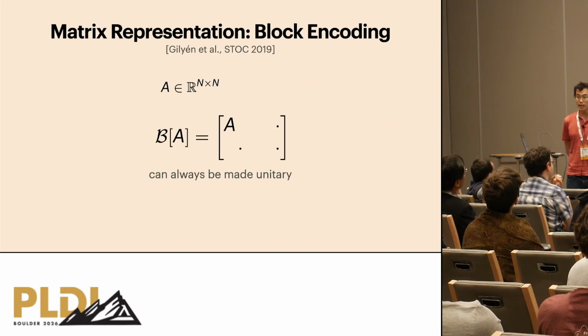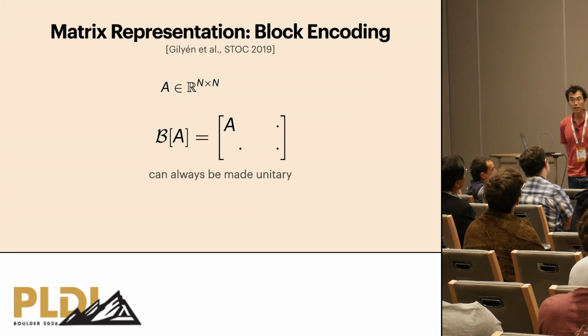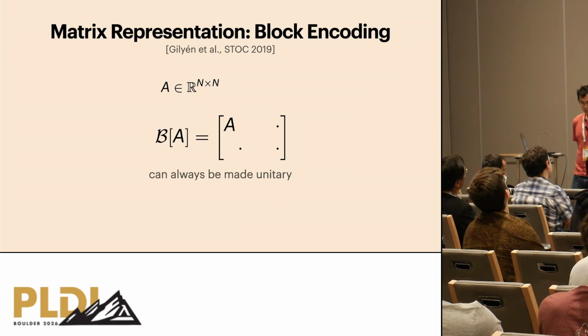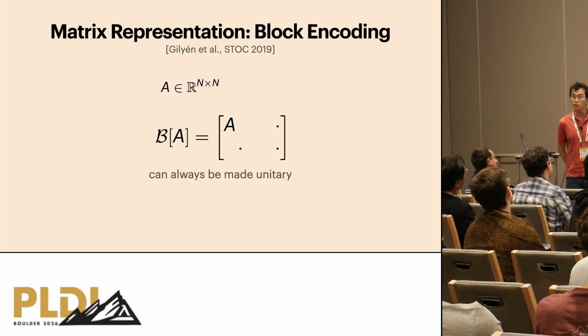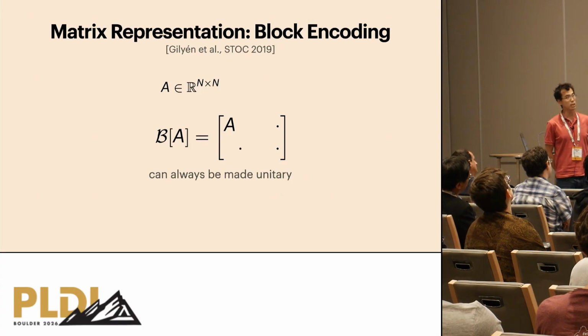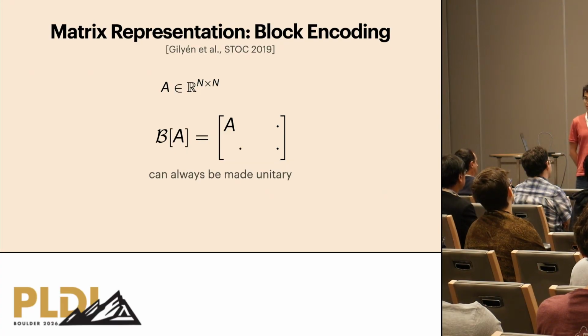Fortunately, once again, we have an answer from the theory community. It's called a block encoding. What a block encoding is: given an arbitrary, possibly non-unitary matrix A, we're going to shove it into the top left block of a bigger matrix, B of A, such that the other 3 blocks of the matrix are allowed to be arbitrary, as long as this whole big matrix is unitary.